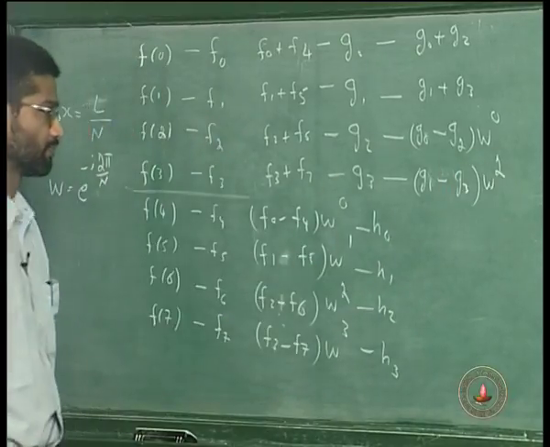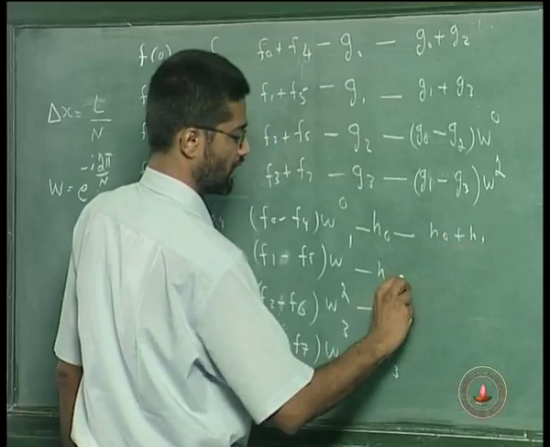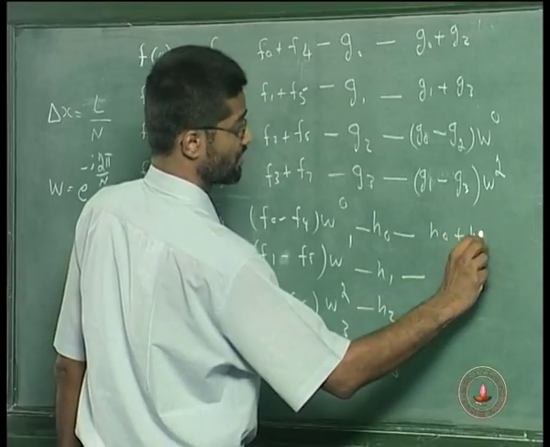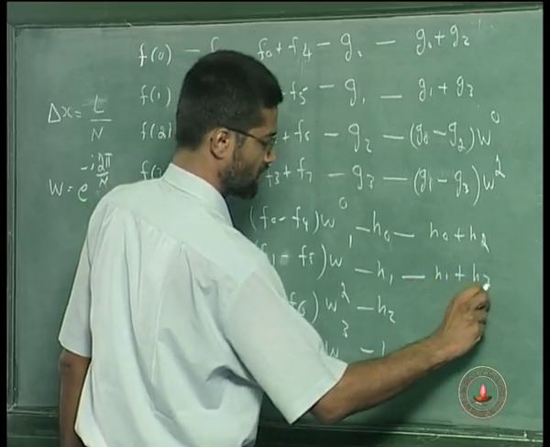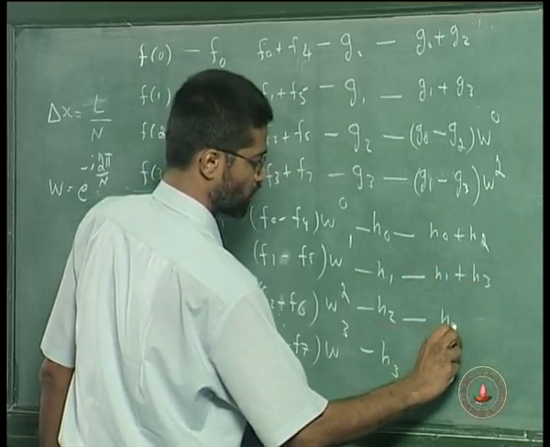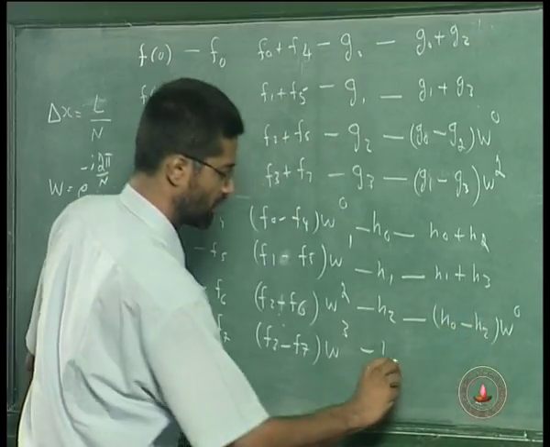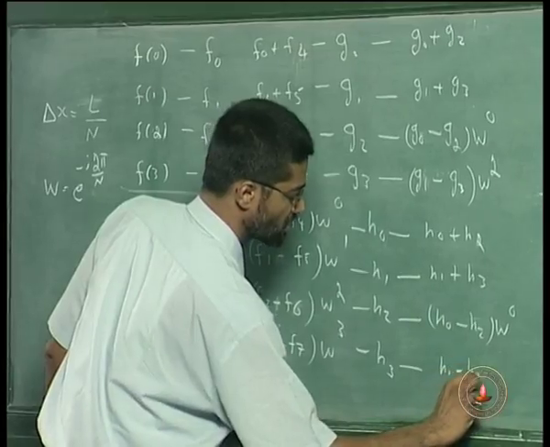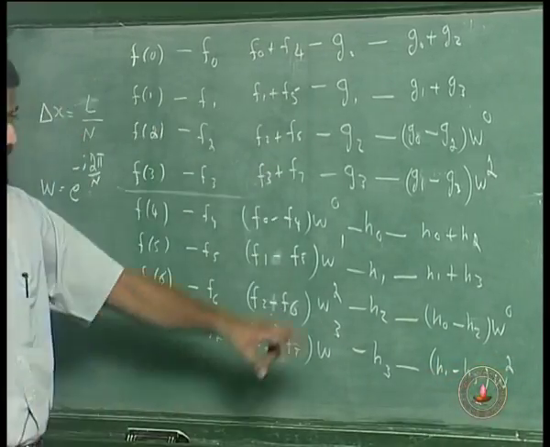Notice that it is 2. And here it is H0 plus H2, and here is H1 plus H3, and this is H0 minus H2 w power 0, and here H1 minus H3 w power 2.